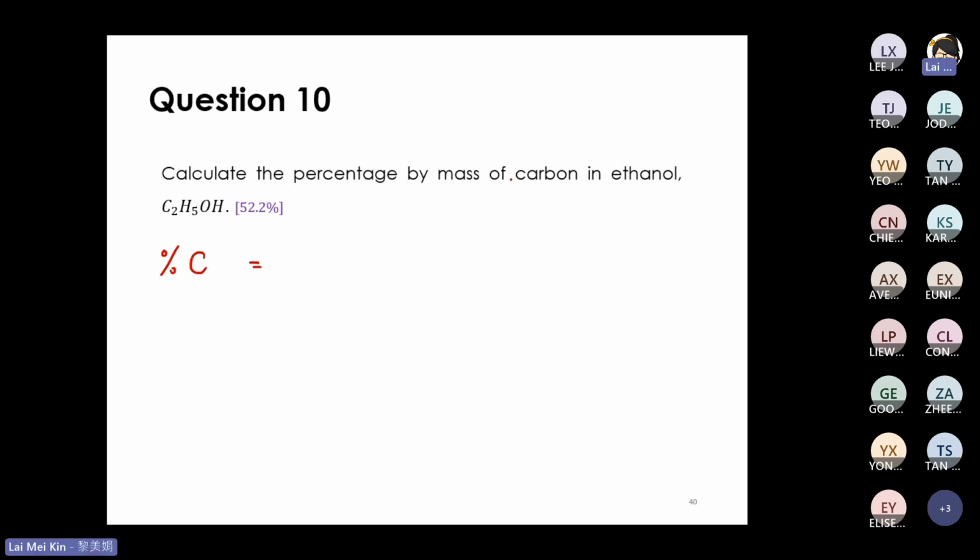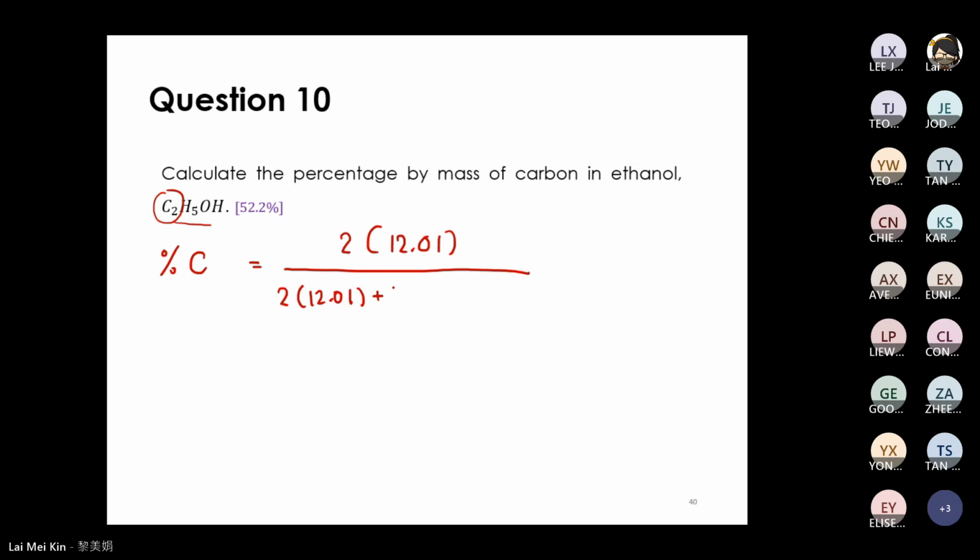Okay, so percentage of carbon in methanol. How many carbons are there? 2. So you have to multiply 2 carbon, 12.01, and then divided by the total mass. Anyone has calculated the total mass? 46.08.